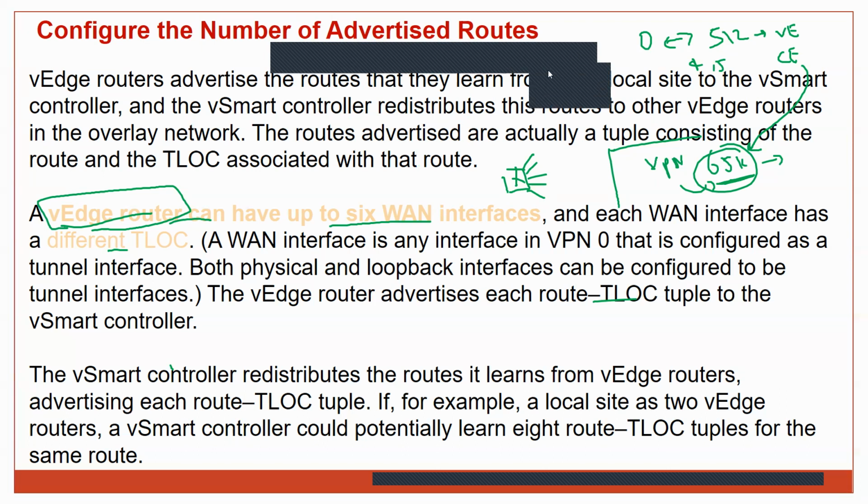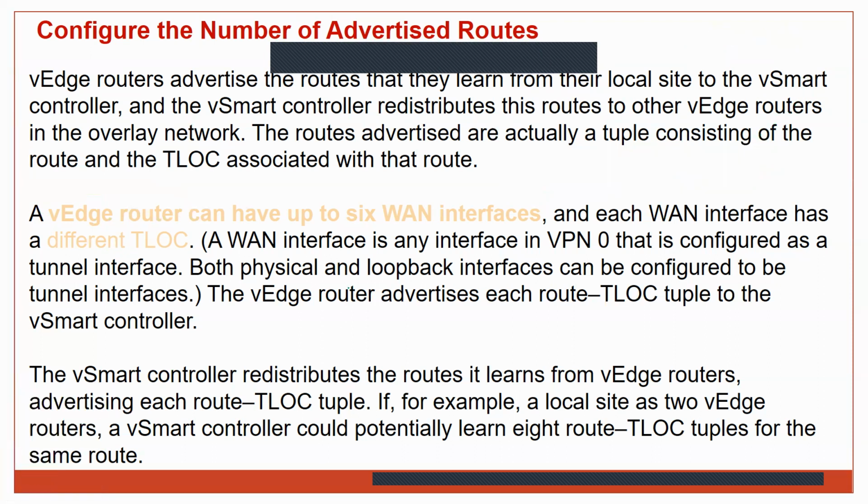So including virtual interfaces, can we create a maximum of 8 TLOCs? Maybe I'm wrong. I think more than 8 TLOCs can be created, maybe 16. I need to check the document.